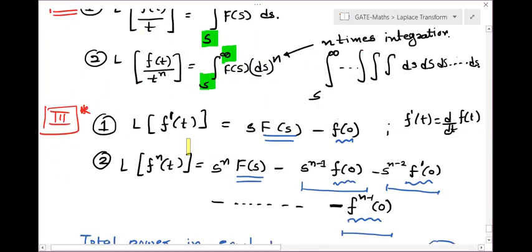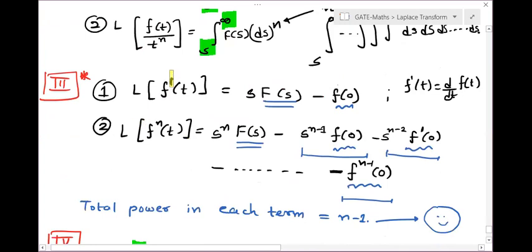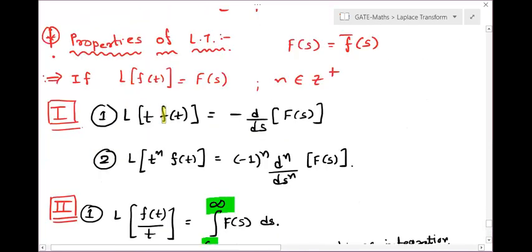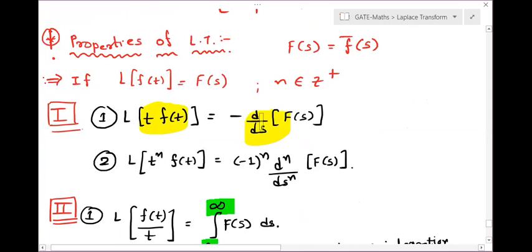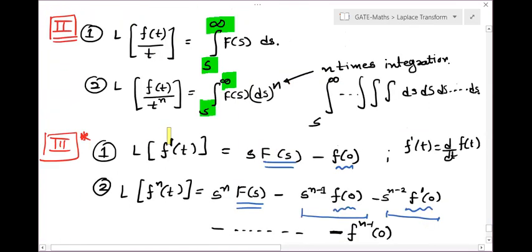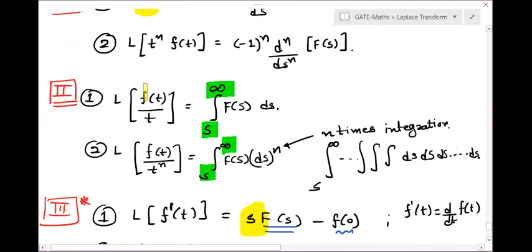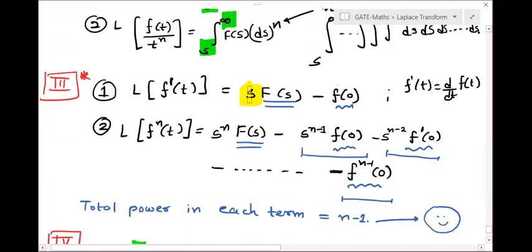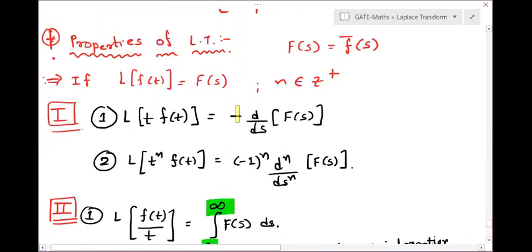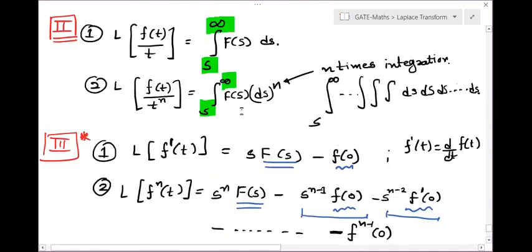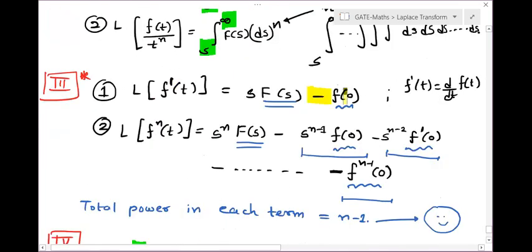Now the same in reverse. If in the input you are finding its differential, in the output you have to multiply with the variable. The variable of your input is t, and the variable of your output is s. What is extra in the above case? Extra is the minus outside. Here you have to subtract f of 0 if it is only a single differential.